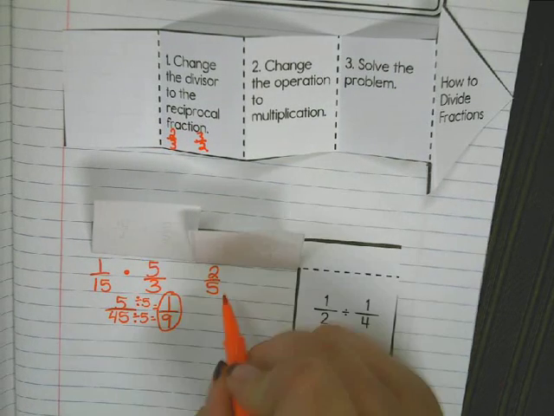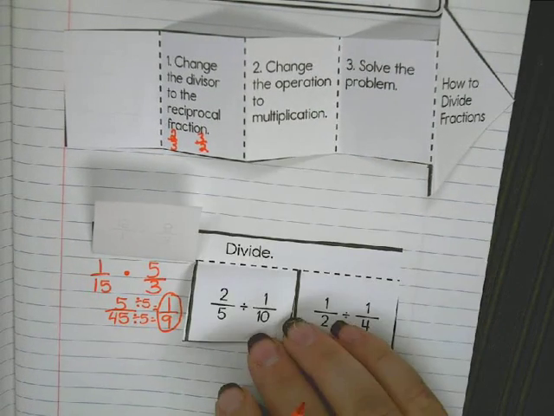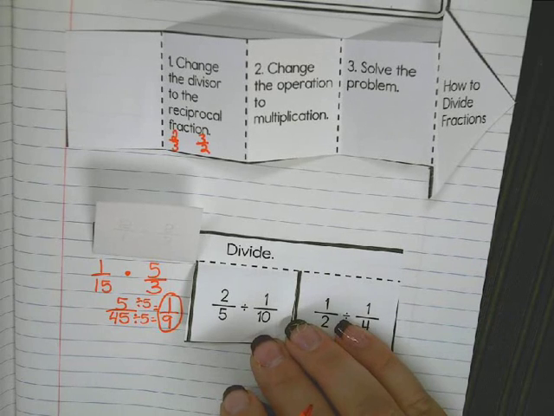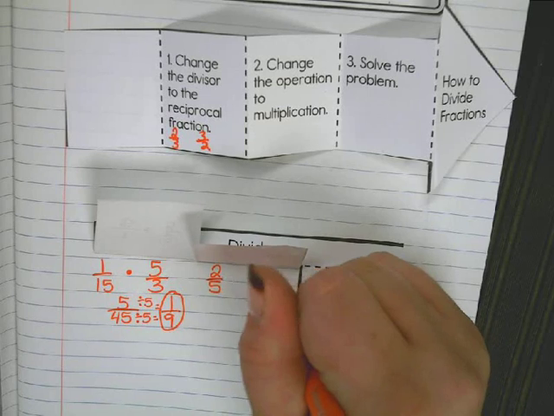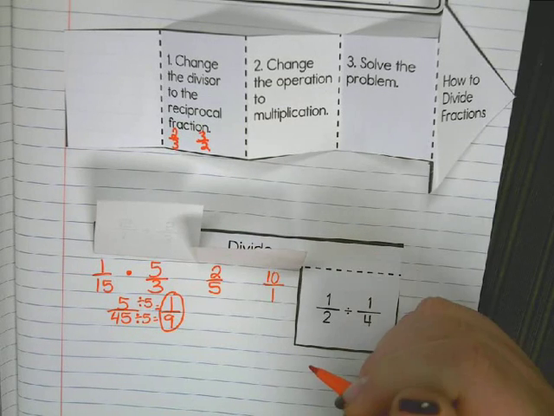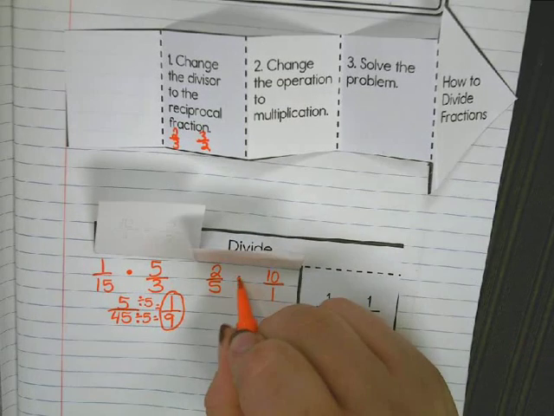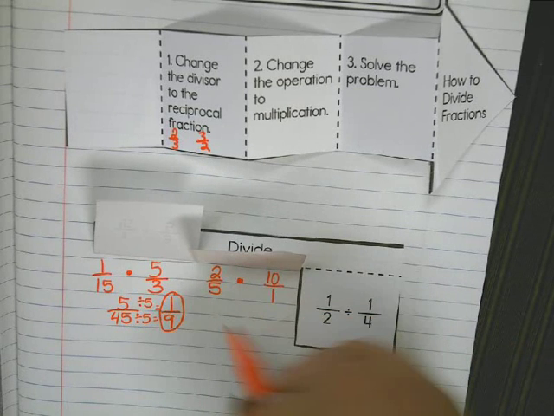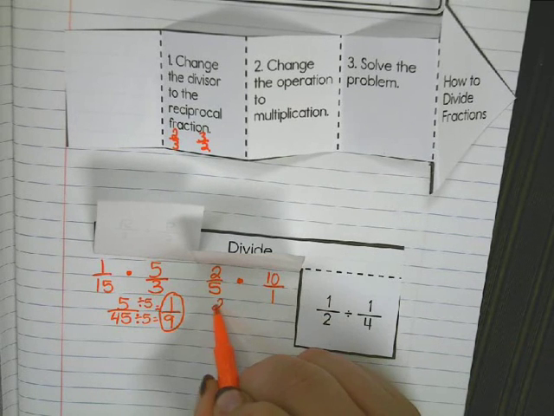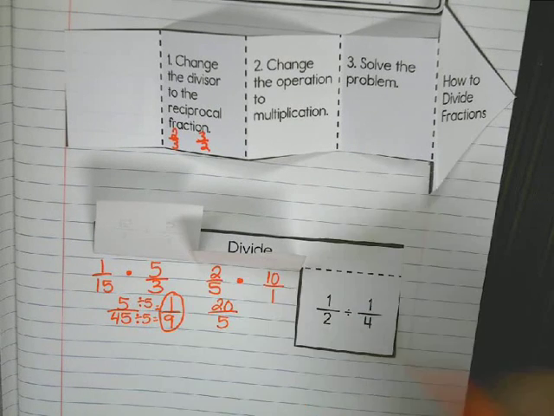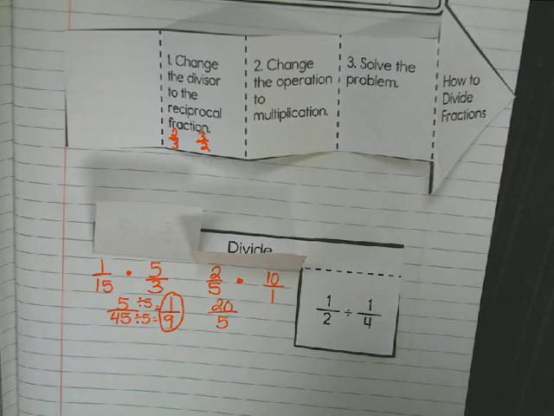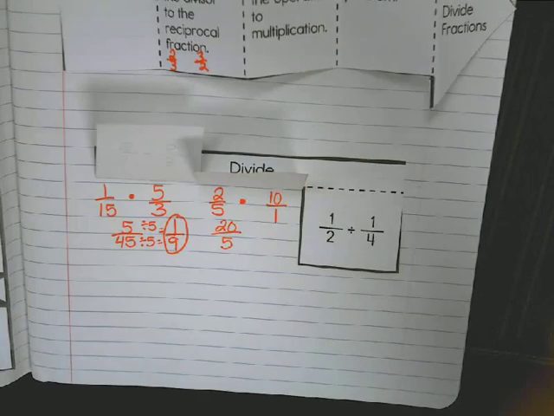Now our second one was 1/10. So what do we do with that? 10 over 1. Then what? Now times it. So 10 times 2 is 20. 5 times 1? 5. Now what? The top number is larger, so what do I have to do?